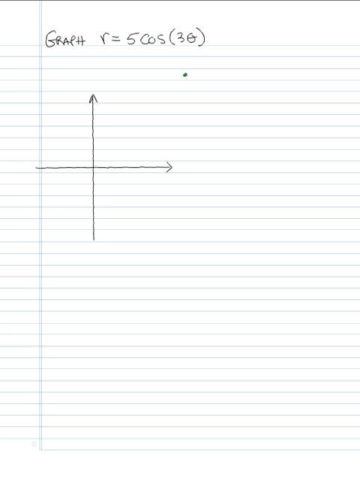Because we're dealing with cosine of theta, we know we're symmetric about the polar axis, but for simplicity, we're thinking x-axis. And that's because of the cosine function.